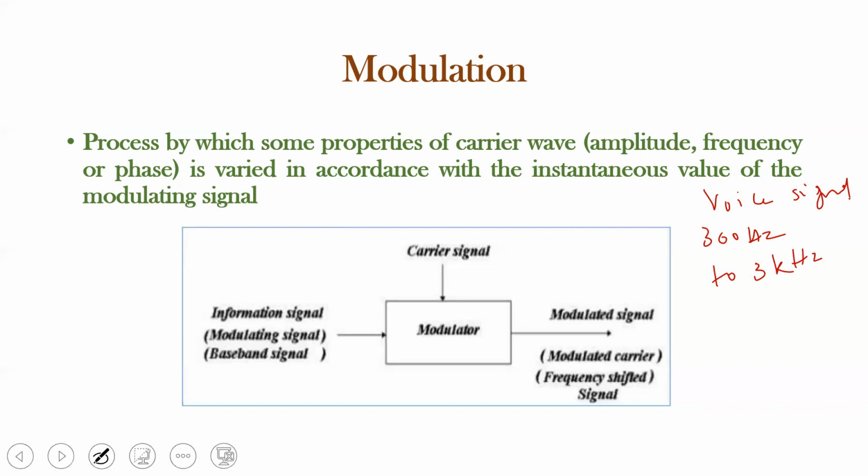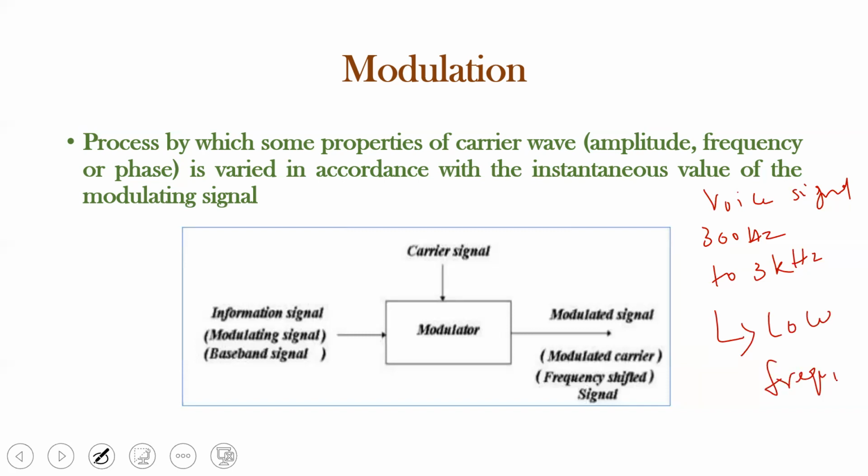Now, if we are transmitting such a low frequency signal over a long distance, as it passes through the communication channel, it is definitely going to get affected easily by noise, and the signal received will be completely disturbed. We cannot get the signal that we actually transmitted at the receiver side. The reason for this is that the voice signal is of low frequency.